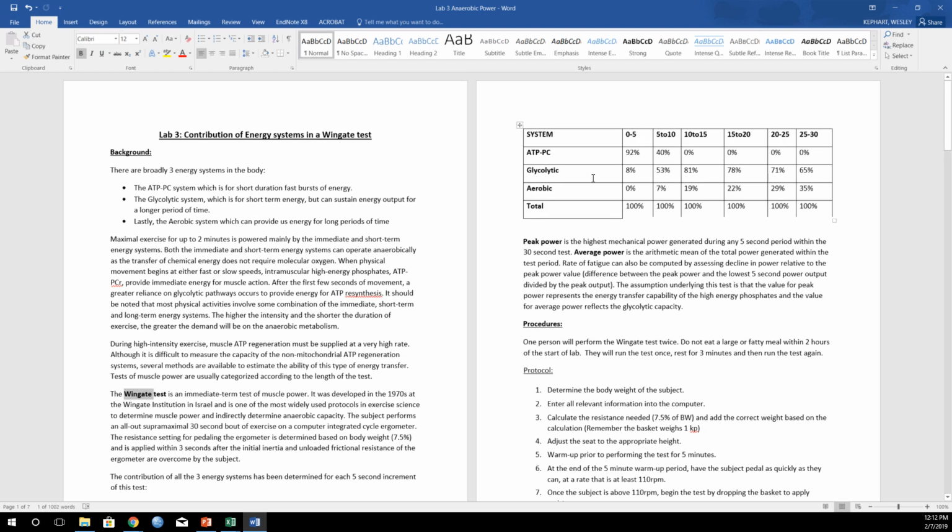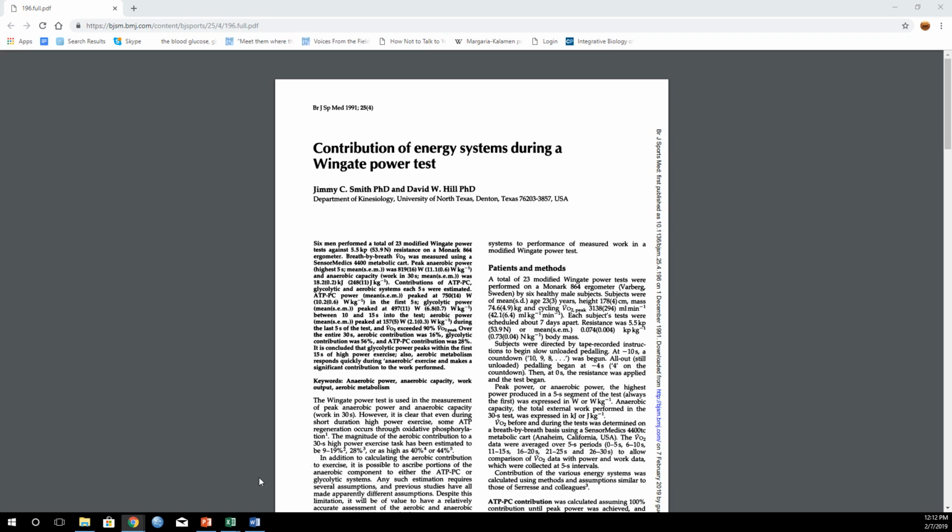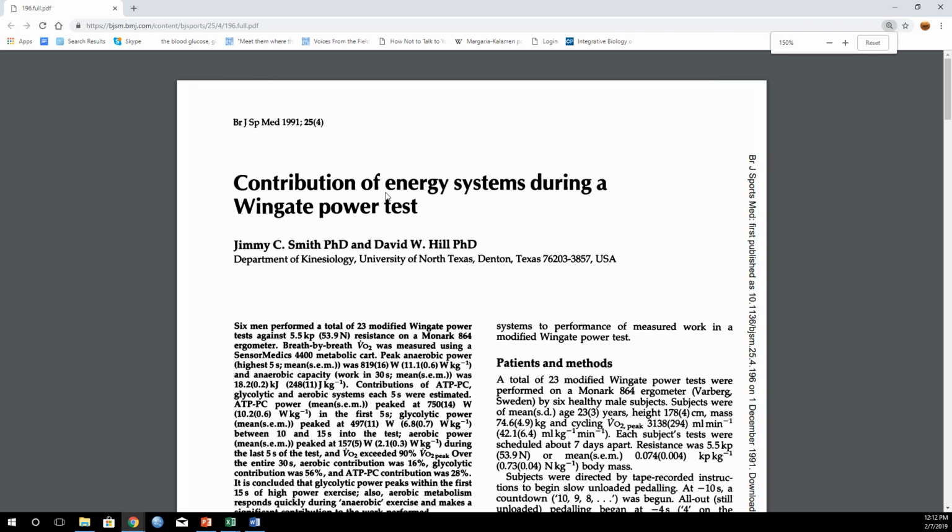But with this Wingate test, there actually is some research that figured out the relative energy contributions of the ATP-PC, glycolytic, and aerobic systems during this 30-second test at each 5-second time frame. And where is that paper? It's actually right here. Pretty cool paper. Contribution of energy systems, Jimmy Smith, David Hill, really cool.